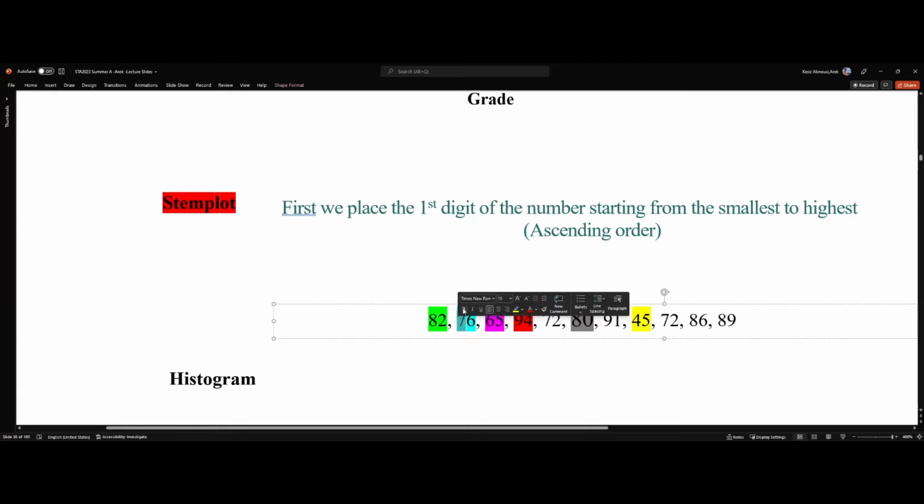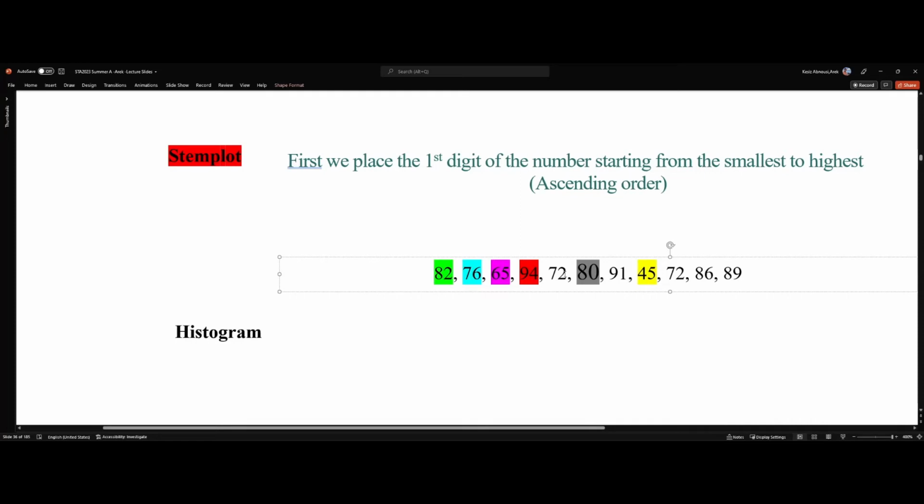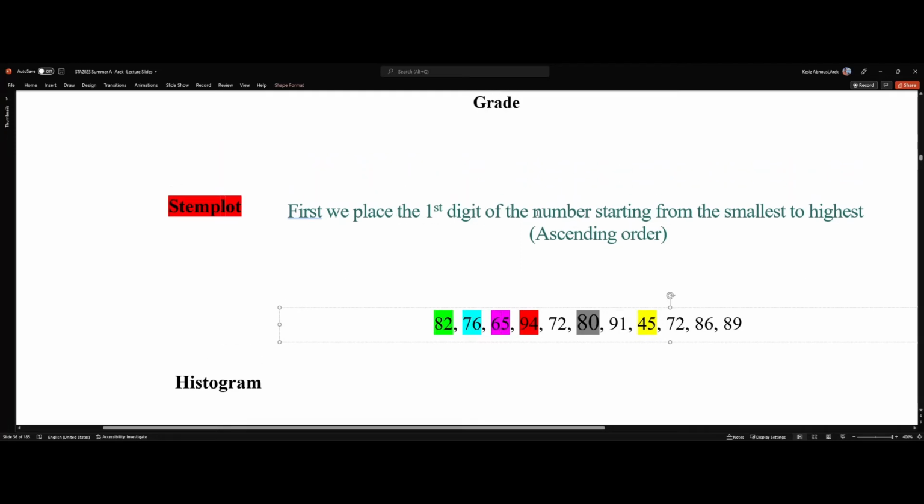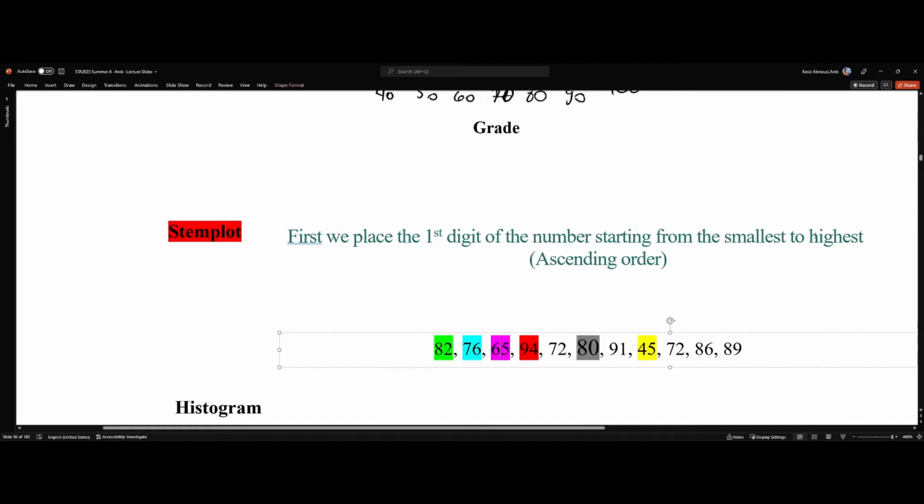From 76, the first digit is 7, etc. So we place the first digit of the number from the smallest to the highest in a vertical line, which is called the stem. So each observed value, these are all observed values, must first be separated into two parts, the stem and the leaf. The stem contains the first digit and the leaf contains the final digit.